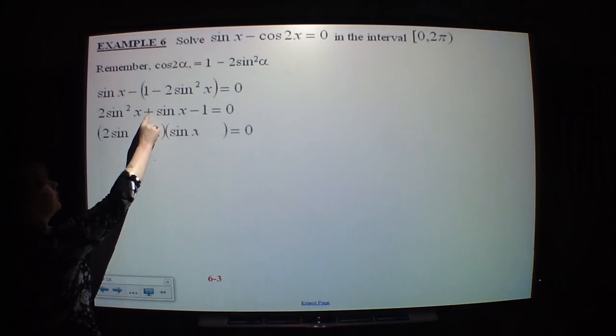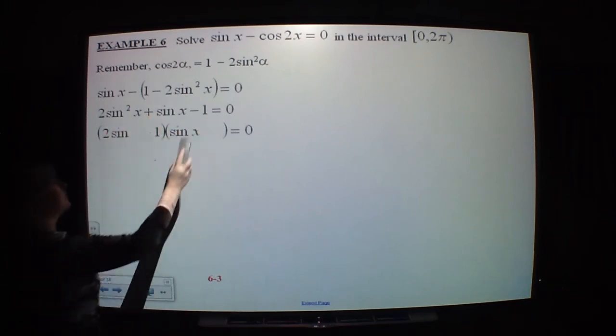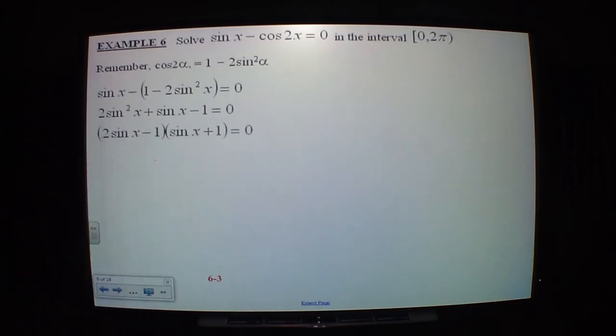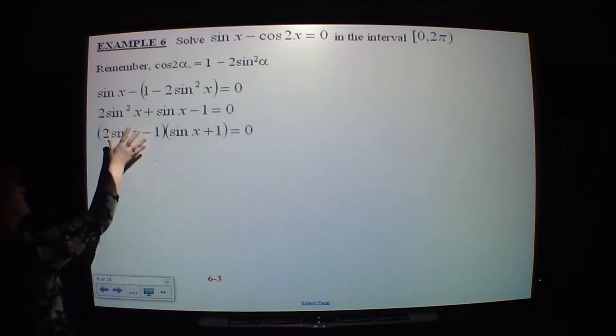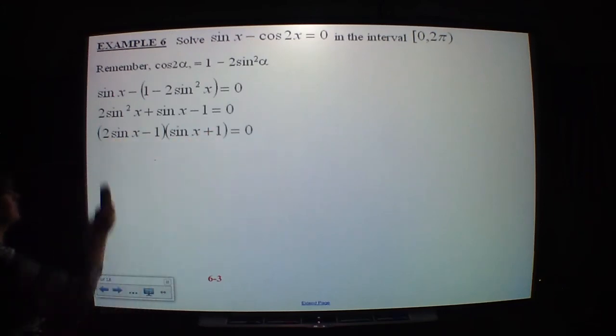But remember, when I add the inner and outer, I have to get a positive. So there's my positive 1 and there's my negative 1. Now, do you remember with factoring, the only way to get 0 is if 2 sine of x minus 1 is equal to 0, or sine of x plus 1 is equal to 0.